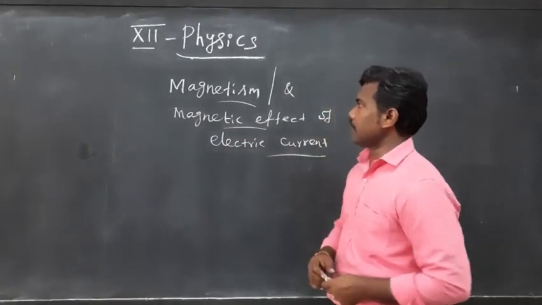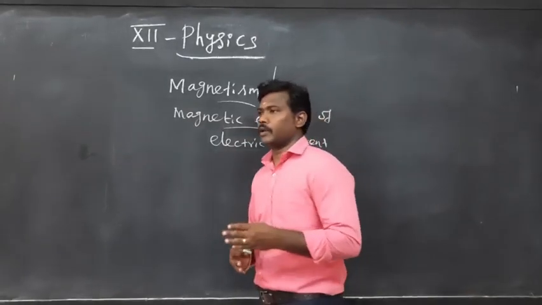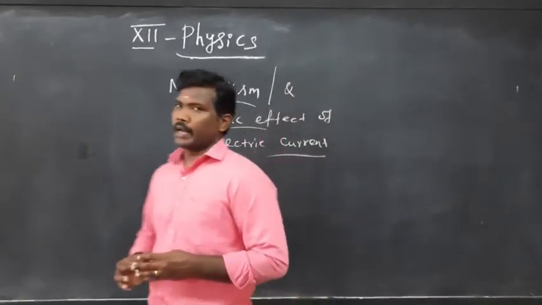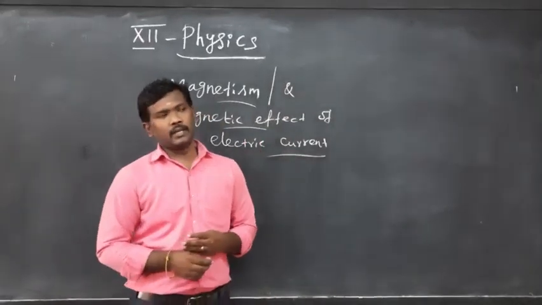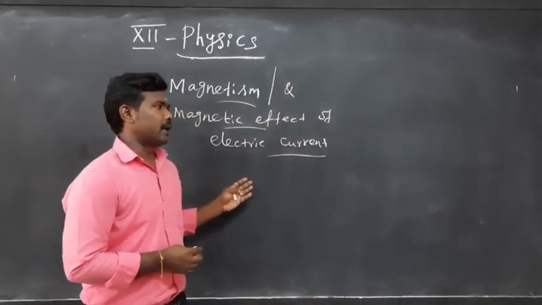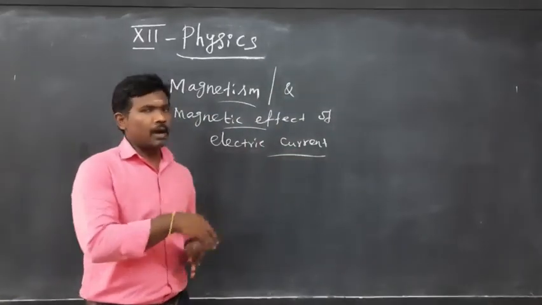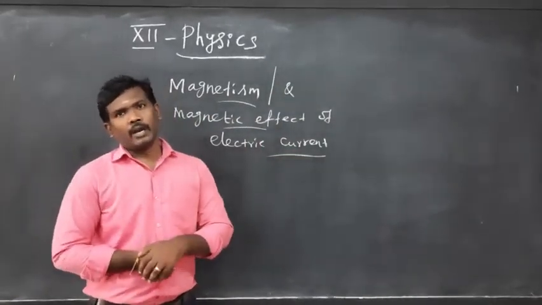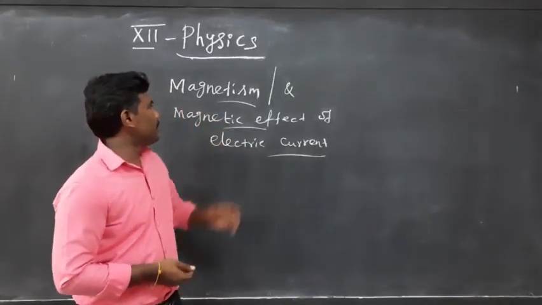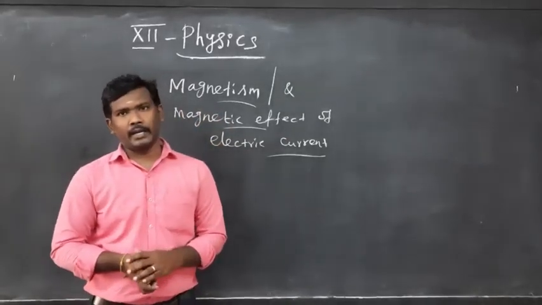And in the last part of this lesson, we are going to see the classification of magnets, and the last one is the galvanometer. Okay, all these things are in Lesson 3, Magnetism and Magnetic Effect of Electric Current.